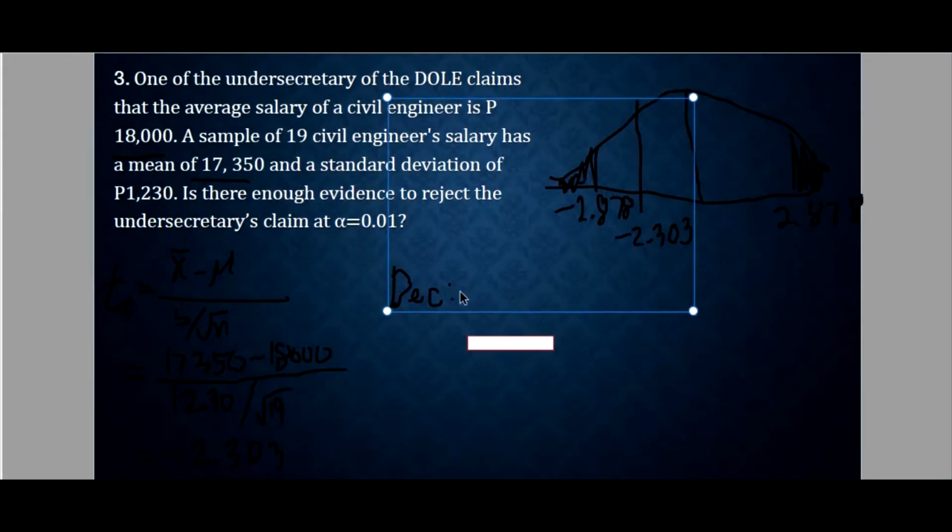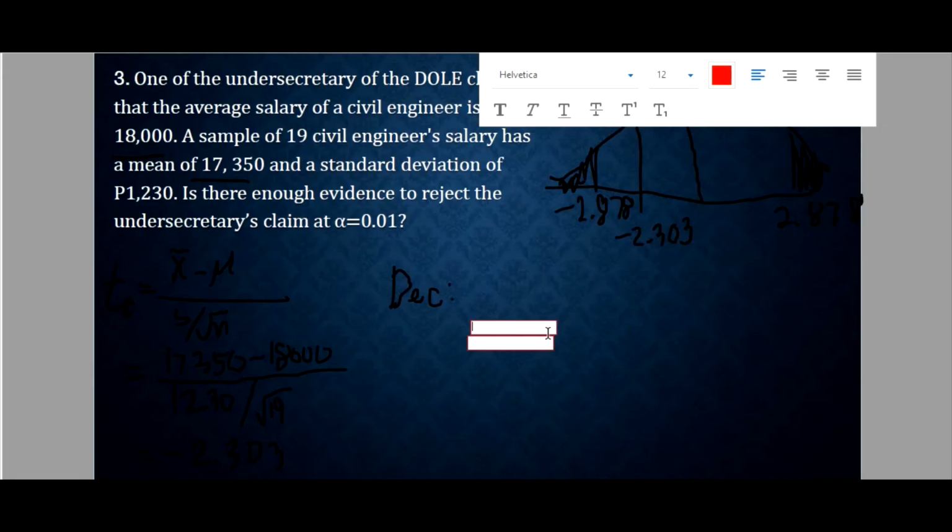Our decision here is do not reject H0 since the t computed does not fall within the rejection region.